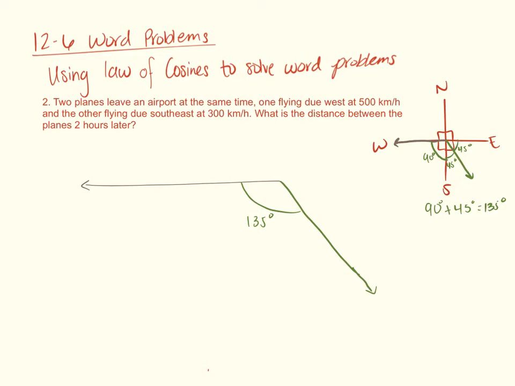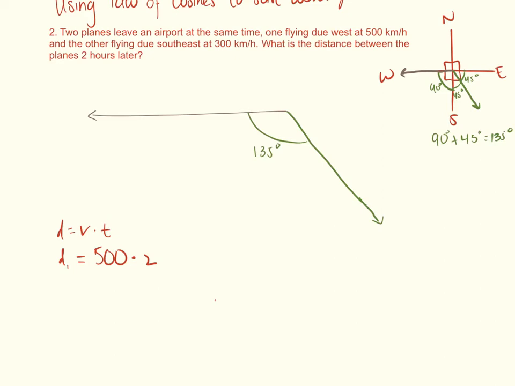So distance is equal to rate times time. So distance of plane 1, so let's just name that D1, is going to be equal to 500, right, because it's going 500 kilometers per hour, times 2. So it'll have traveled 1,000 kilometers.